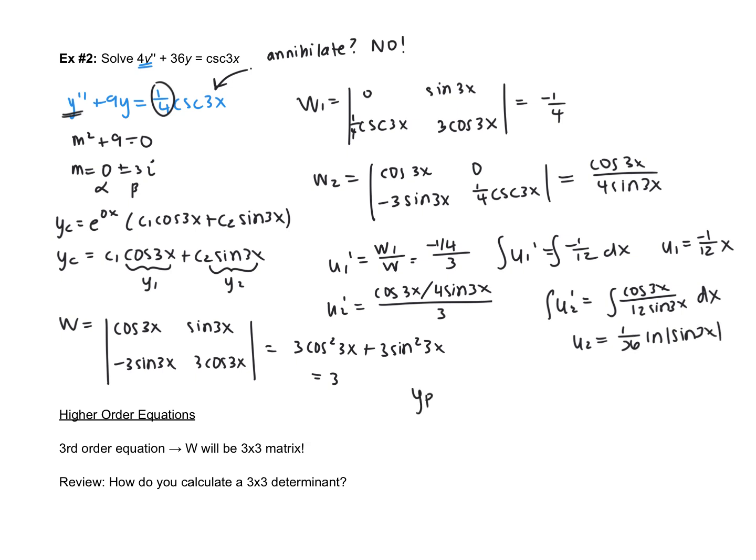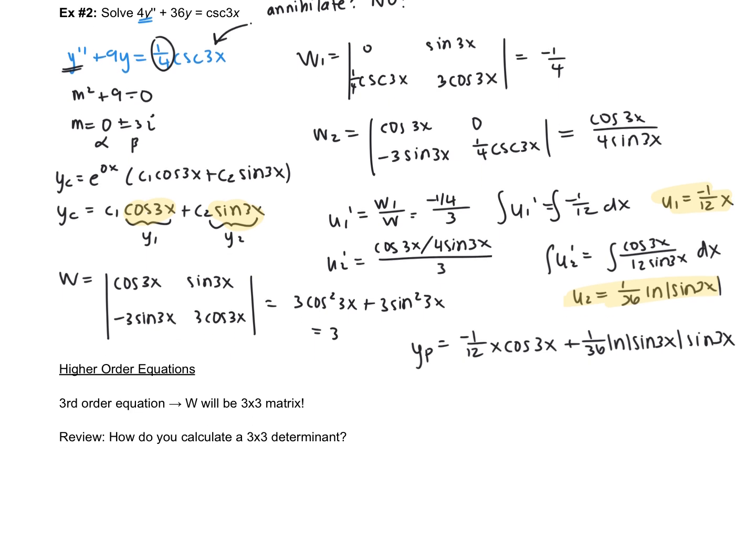Okay, so our particular solution then is going to be our u1, u2, and then our two solutions. So that y_p then ends up being 1/12 x cosine of 3x, add 1 over 36 natural log of sine of 3x times sine of 3x.